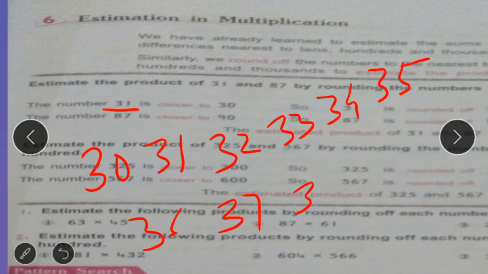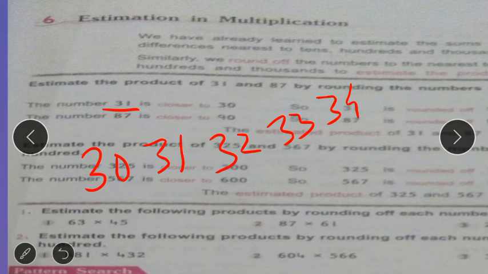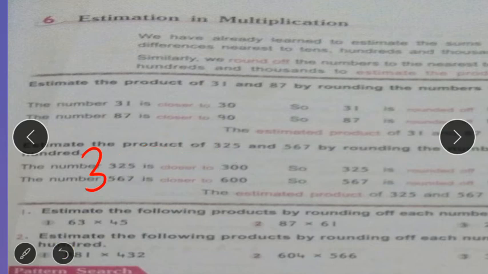So the estimating value of 31 is 30. The next number is 87. The digit 7 is more than 5, so it is closer to 90. So its estimating value is 90.